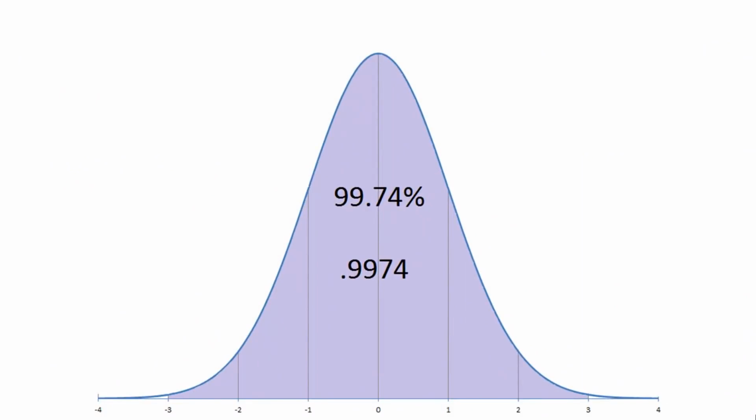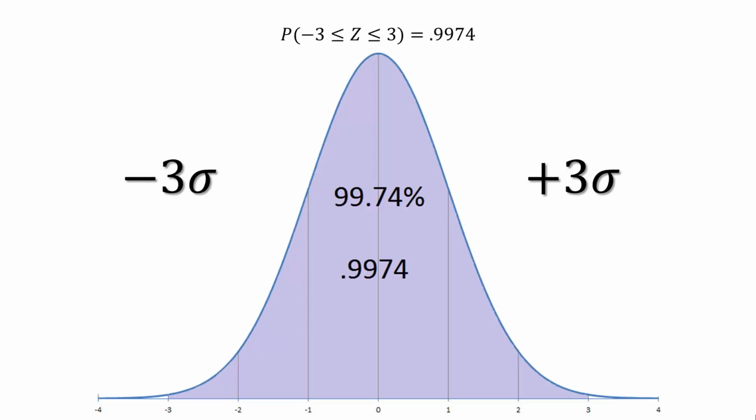And finally, plus or minus 3 deviations from either side is 0.9974. So that captures almost all the probability in our normal curve, plus or minus 3 standard deviations. Now notice it does not add up to 1. There is some residual probability beyond 3.